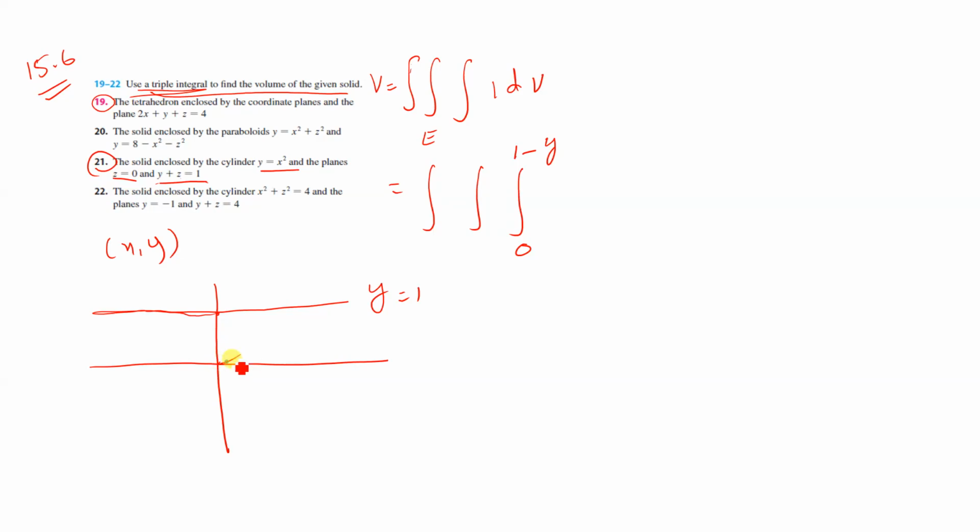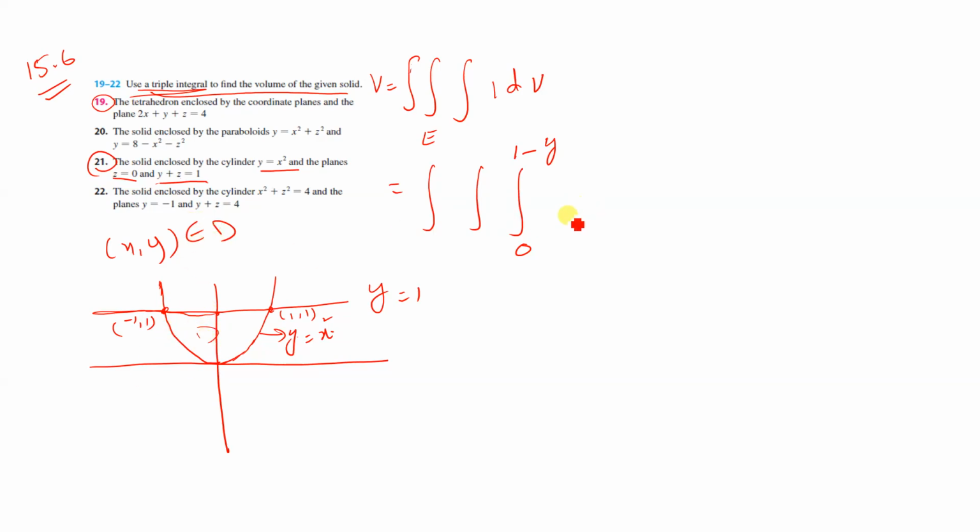The projection of this cylinder is the curve y is equal to x square on the xy plane. In order to find the points of intersection, if we have y is equal to 1, then x square is equal to 1, which means x is negative 1 and positive 1. So y is 1 for both the points: negative 1, 1 and 1, 1. So these are the 2 points of intersection. And this is the region D.